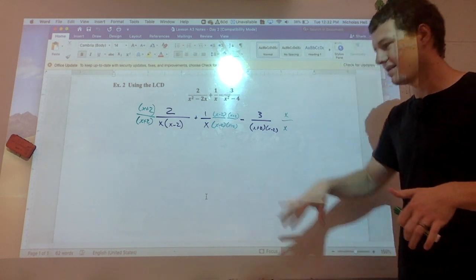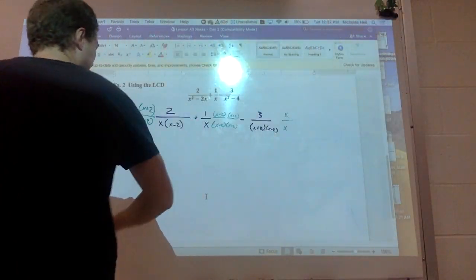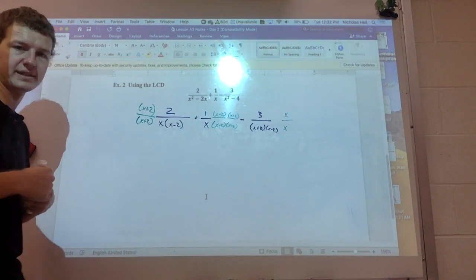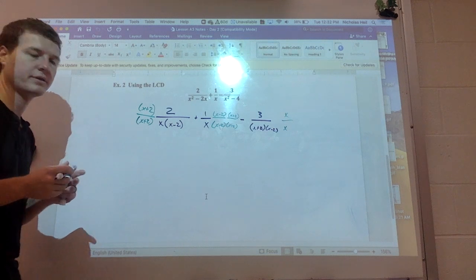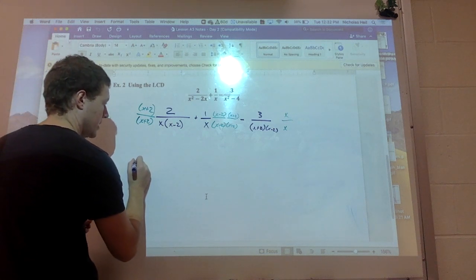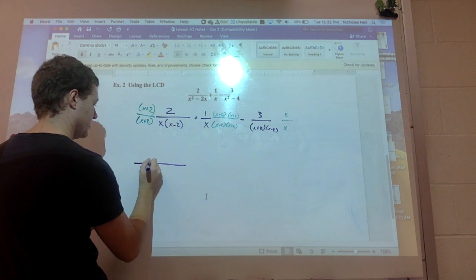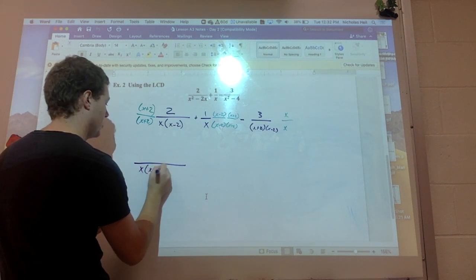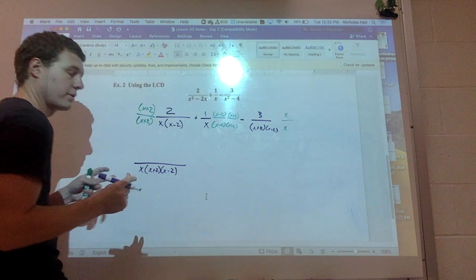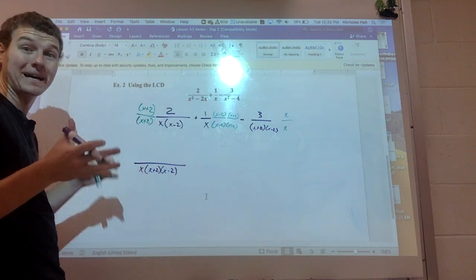Now remember, like before, in my next step, I'm going to keep my denominators the same, but I'm going to multiply out the numerators. So for the denominator here, I'm going to write my x first. It's just easier to do so. X plus 2, x minus 2, those are the three pieces that every denominator better now have.